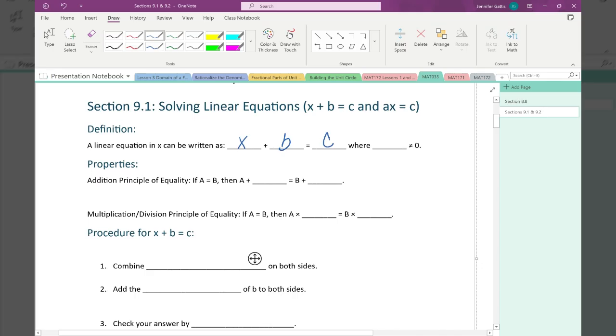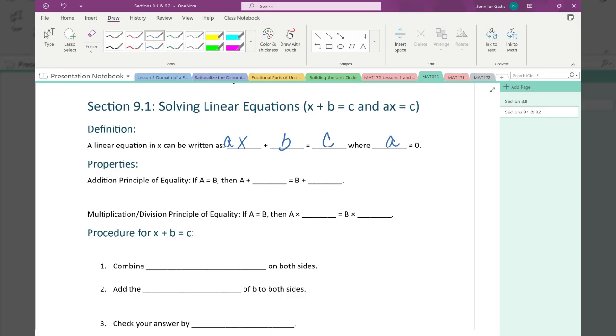Yeah, so it's actually written in the form A times X. We're going to get into that in 9.2, but this is the general form of a linear equation. And this is where A is not equal to 0. Okay.